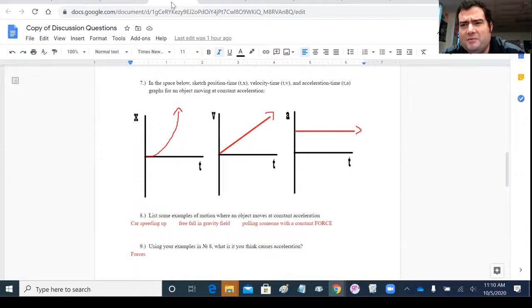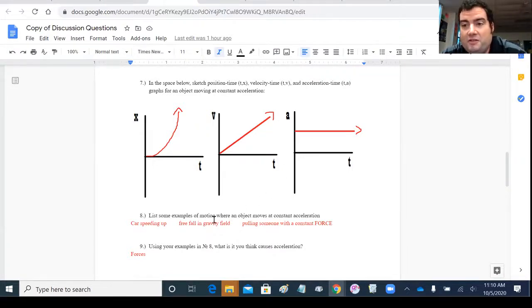It didn't have to be these parabolas. Depending on what direction the force was, the acceleration could be positive or negative. The initial velocity was kind of up to how the object started, so this graph could have very different v0s, and our parabolas could all be different. But at the end of the day, we have a parabola for position, a line for velocity, and a horizontal line for acceleration in a constant acceleration situation.